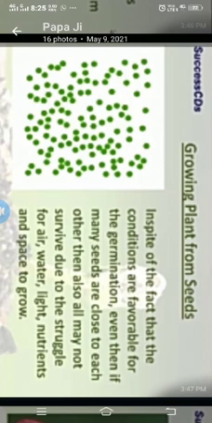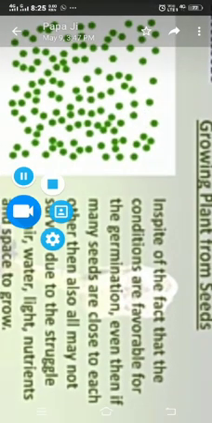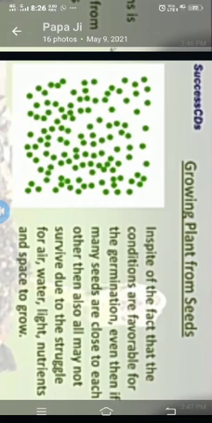The seeds from one plant or from plants of the same kind are similar. The seeds from different plants vary in color, shape and size. If all new plants grew near the mother plant, the soil would become very crowded.